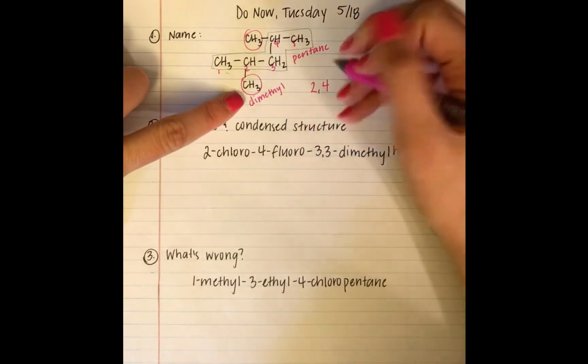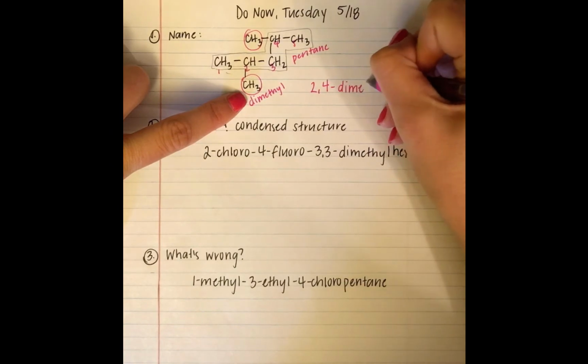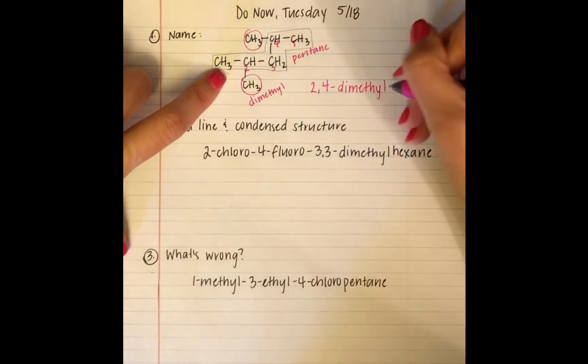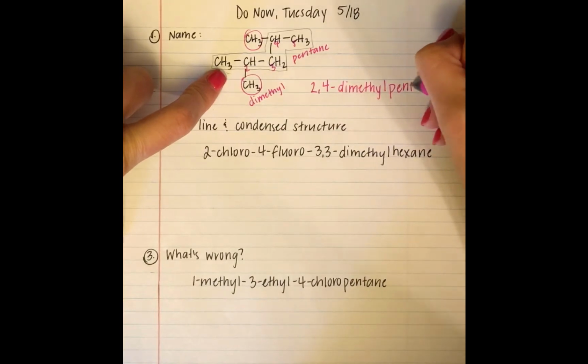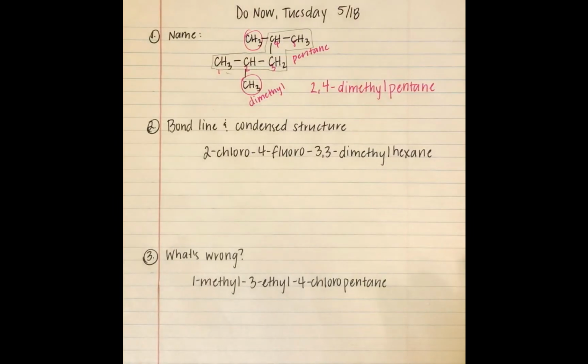So 2, 4, and then we use dashes to separate numbers and letters. We have dimethyl, di because there are 2 methyl groups, and then add the parent name at the end, pentane. So 2,4-dimethylpentane.